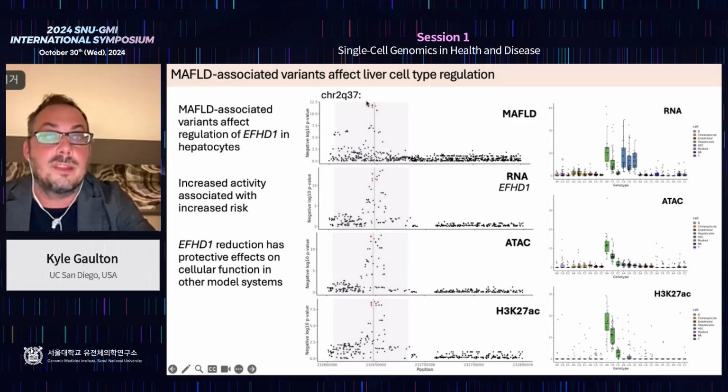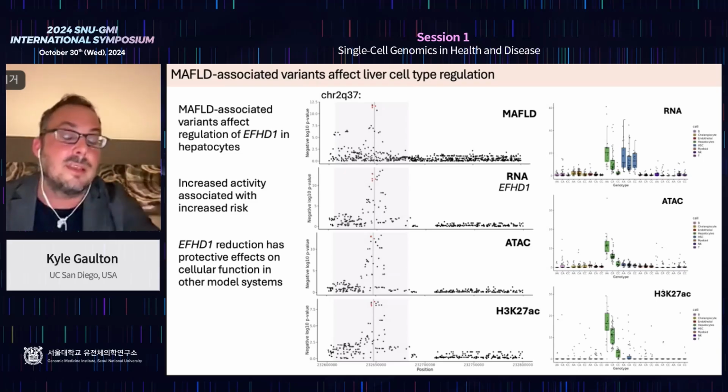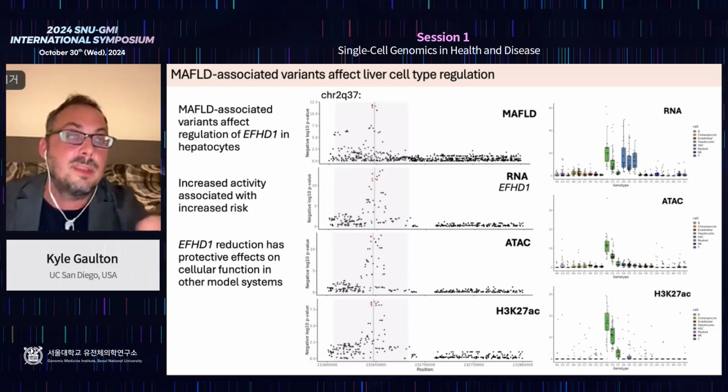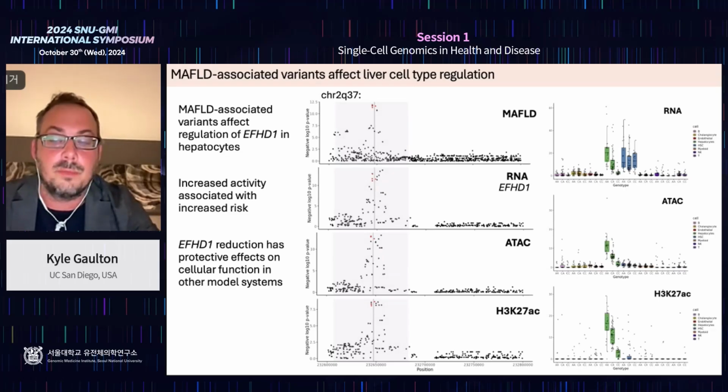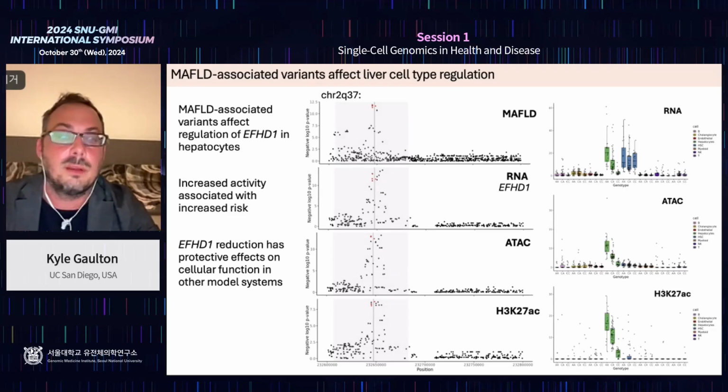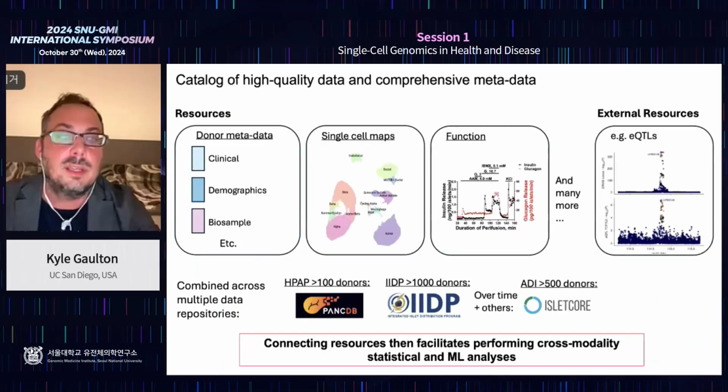In this case, this locus is associated with liver disease, the expression of this gene EFHD1, as well as accessible chromatin and histone modifications, all in hepatocytes, all in the same direction. So this suggests that by layering QTLs with disease risk signal, we can gain insight into not only mechanisms of disease, but potential novel targets for treating fatty liver disease.